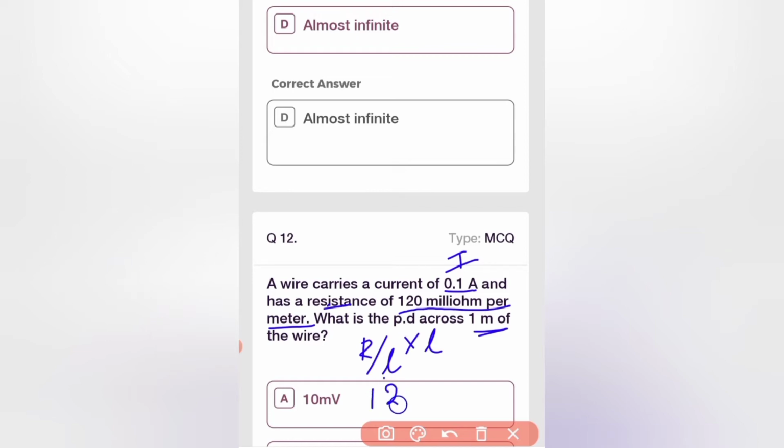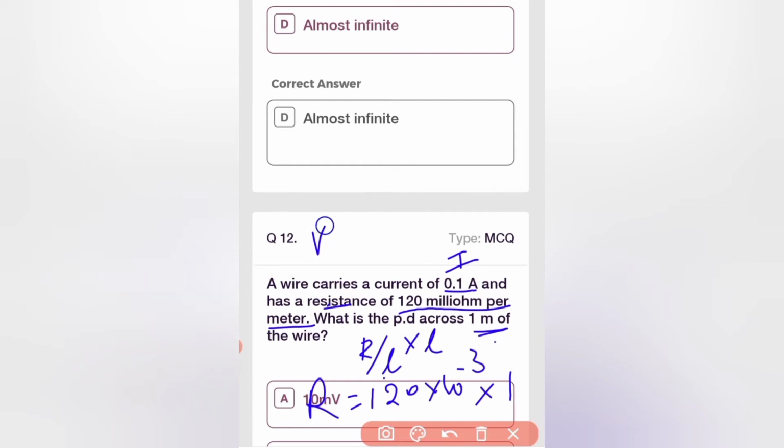So 120, milli is 10 to the power minus 3, ohm per meter. Here it is 1 meter of length, so you multiply with 1 and you get this much. This is the resistance. How to find the potential difference?